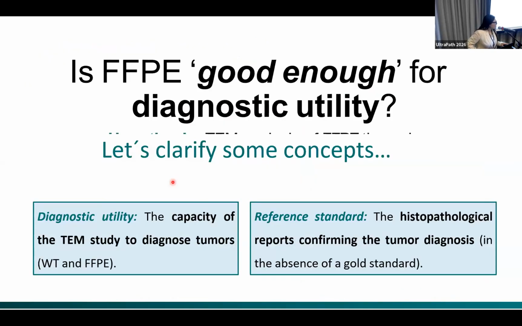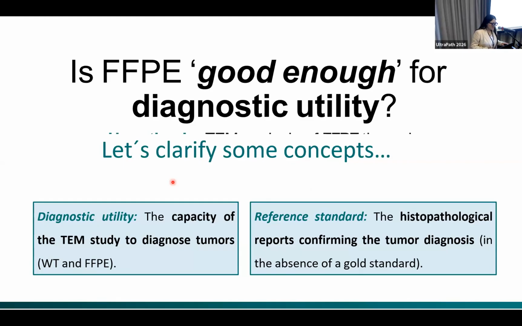But first of all, we need to clarify some concepts. This was our research question: is the FFPE good enough to have diagnostic utility? So we took the diagnostic utility as the capacity of the TEM studies to diagnose tumor.